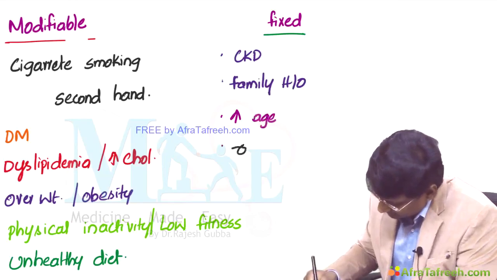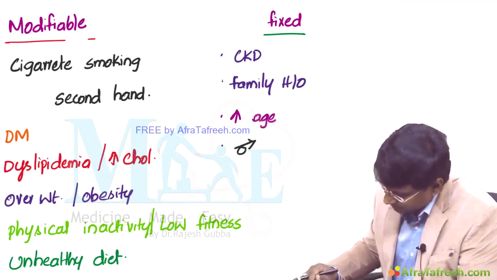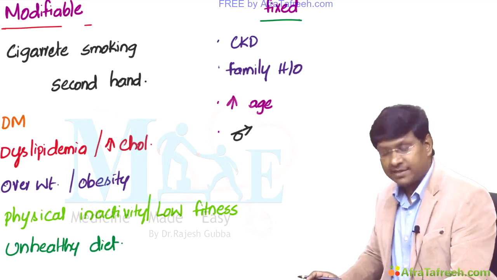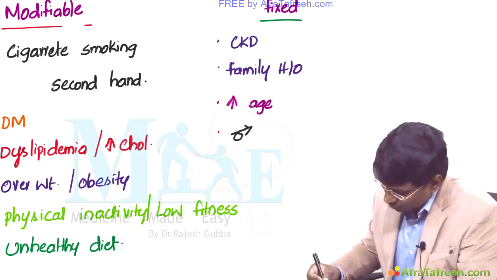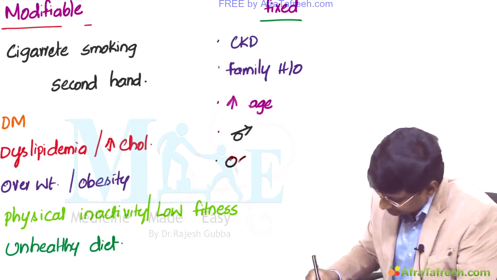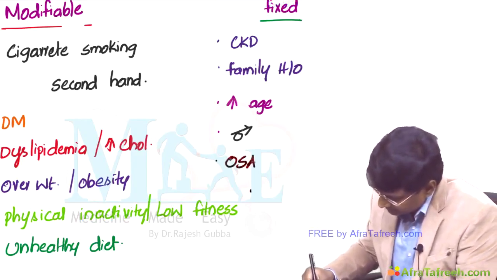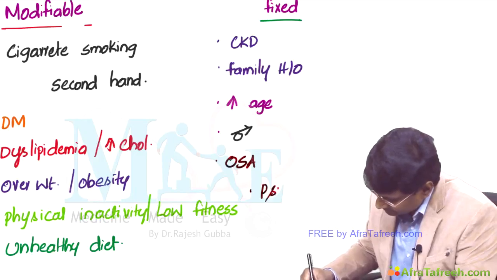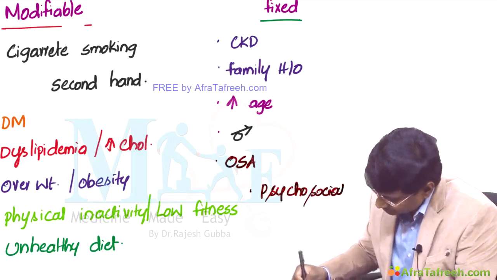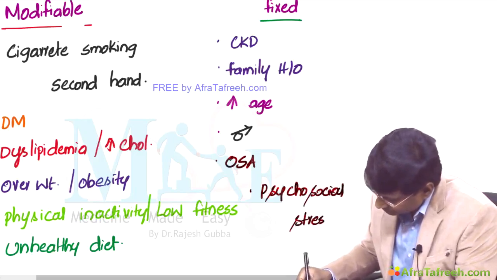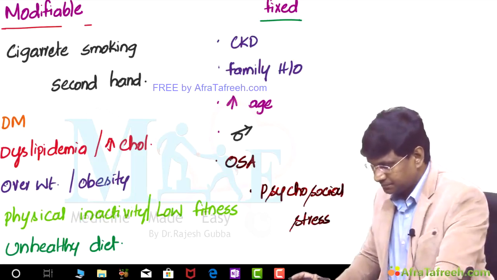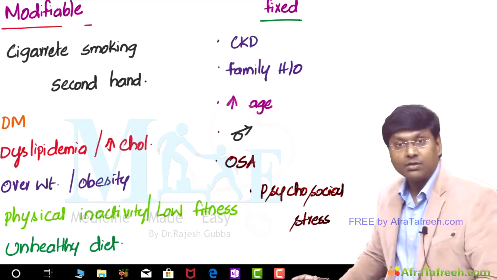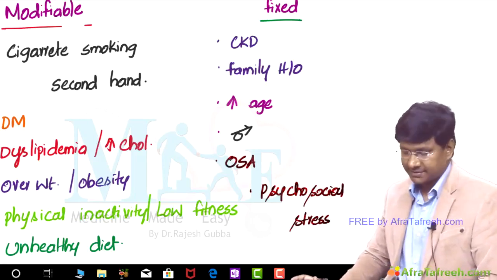And male sex, they are more associated with cardiovascular disease than females. The other one is obstructive sleep apnea. Lastly, psychosocial stress. So these are the fixed risk factors and modifiable risk factors.